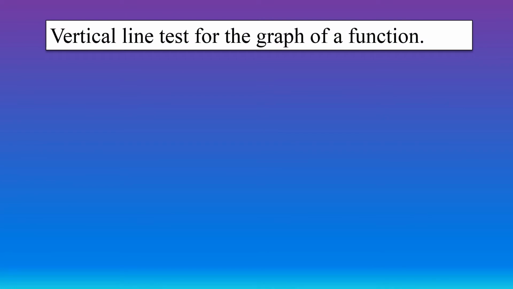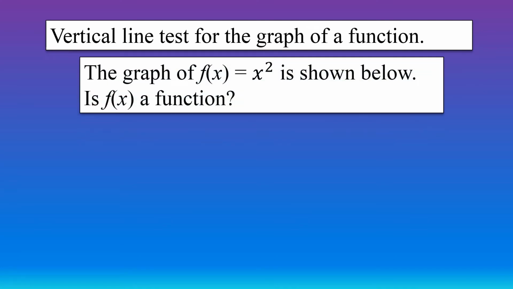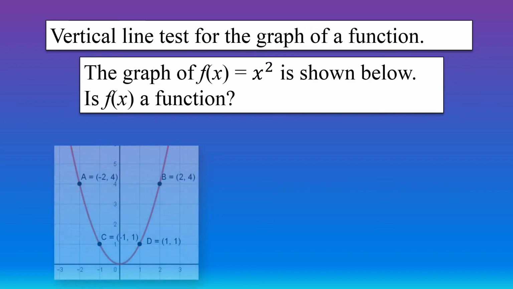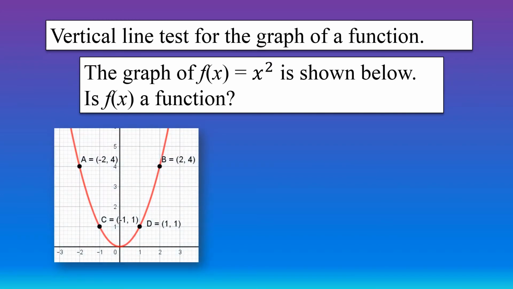Vertical line test for the graph of a function. Just use a vertical line and decide whether it is a function or not. We have graph of f(x) here. Now it's a parabola. We test with a vertical line. Look at the vertical line.